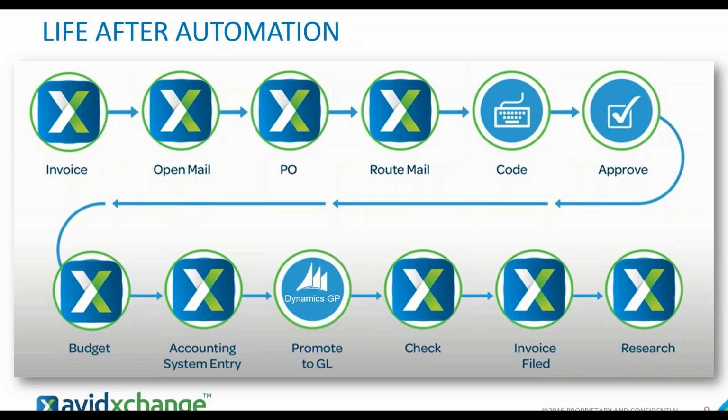So now whoever is doing these more manual tasks can be freed up instead to work on activities that help the department and the company as a whole, because there's just no more paper, there's no more opening the mail, there's no more having to route anything around an office, nobody has to additionally key anything into an accounting system, and there's no checks to cut if you don't want to, and there's no invoices to file away because everything is captured digitally within the AvidXchange software and available to be researched through the software at any given time, and we'll give you a quick look into how that works as we proceed through the webinar.